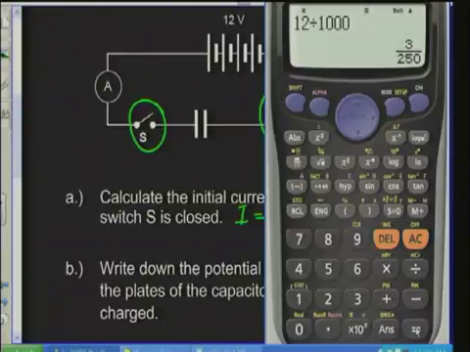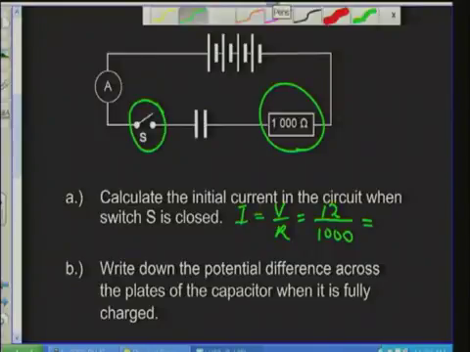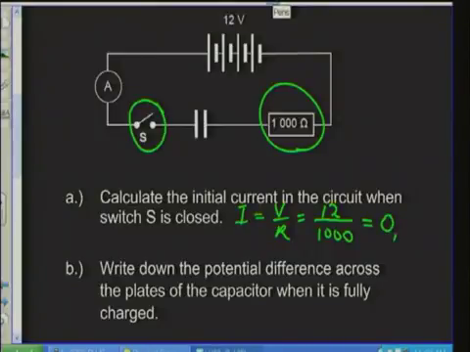What do you get? You've got 0.012. Because we're working to 2 decimal places, you can call this 0.01. And what is this that you have calculated? This is current. It is measured in amperes, so you need to put A there for the unit.